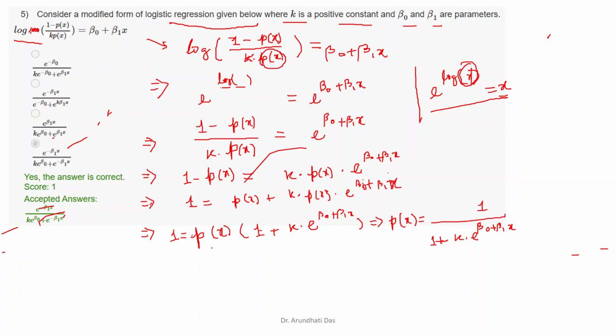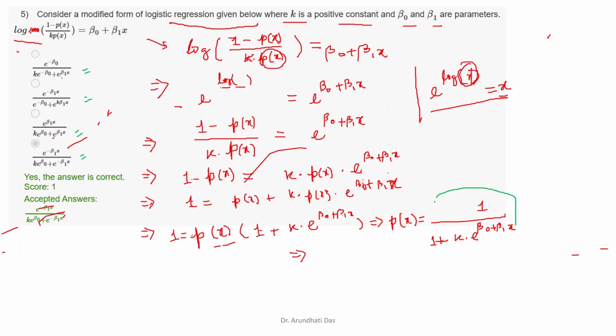So I have found this term. If you see the options, this is actually the answer, p of x. Let me just change the color here. This is the value of p of x, but in the options the representations are different, right?